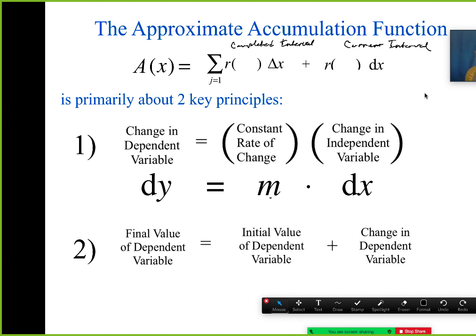Does it have something to do with the fact that we're using the left side of the rate function, and you have that initial value and you're adding the length of the interval, or multiplying by the length of the interval, like how we figure out the upper sum of the summation notation?